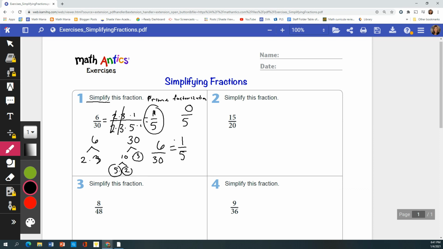It is 6. And remember, what we multiply the top by, we must multiply the bottom by, or vice versa. It's not about adding, we have to be multiplying. So 5 times 6 is 30, and that is correct. So this answer is correct.